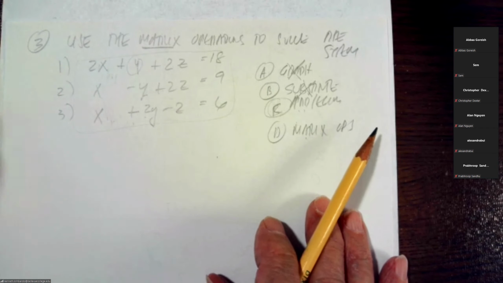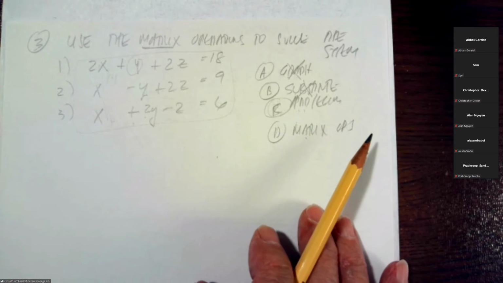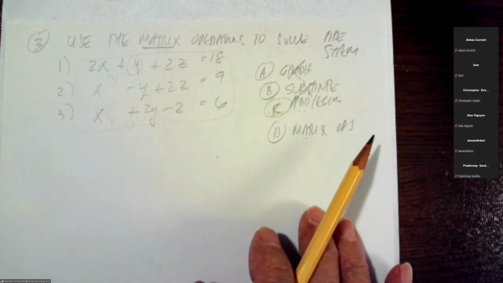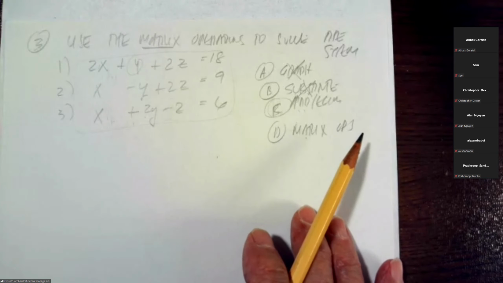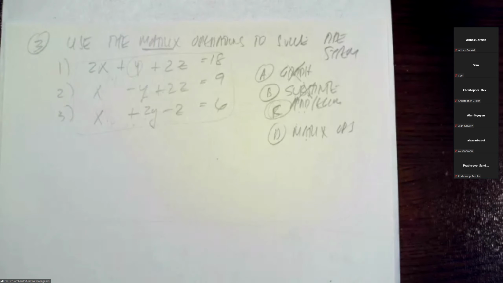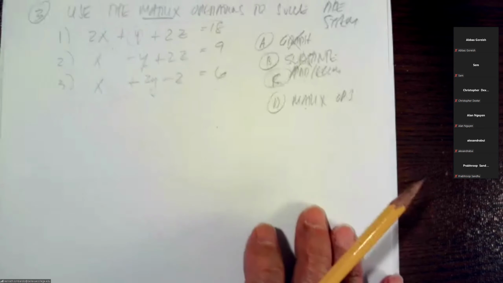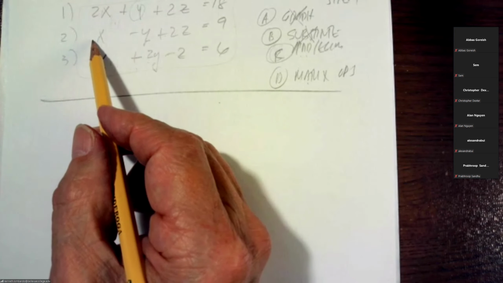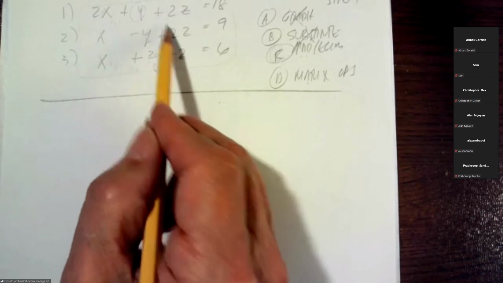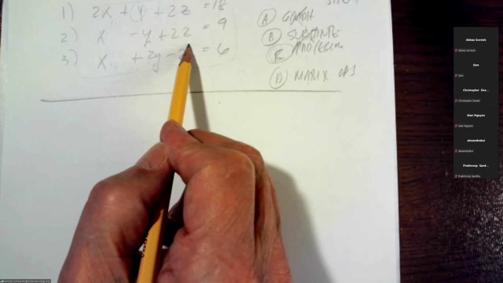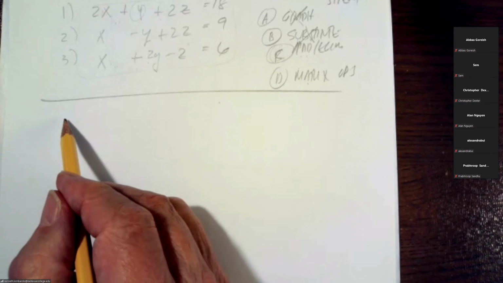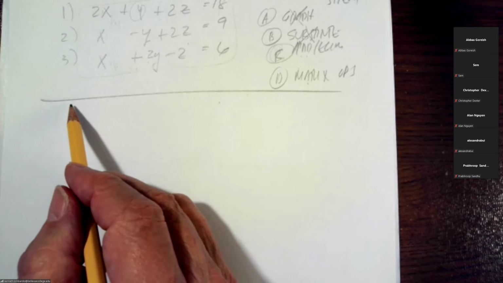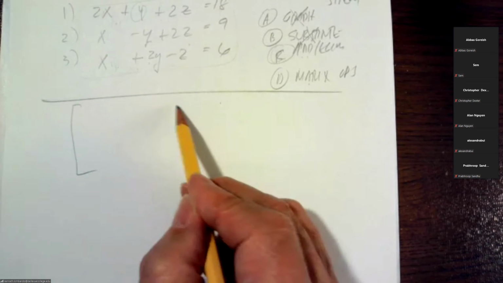Okay, so maybe we should give that a try then and see if we are successful. So let's see what that might look like. Get my other piece of paper around here. So if I start out with 2x, y, 18, 9, 6. So maybe the first thing I want to do is put this in an augmented matrix form.